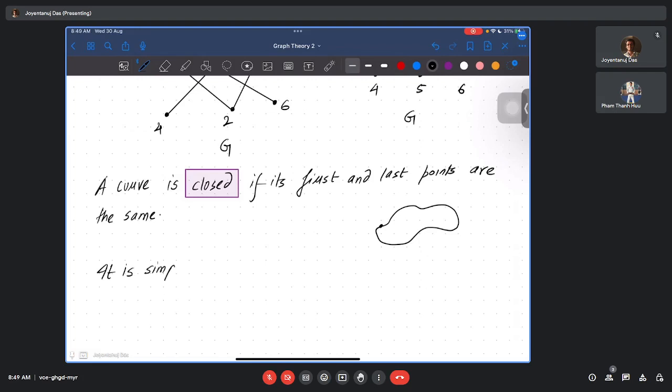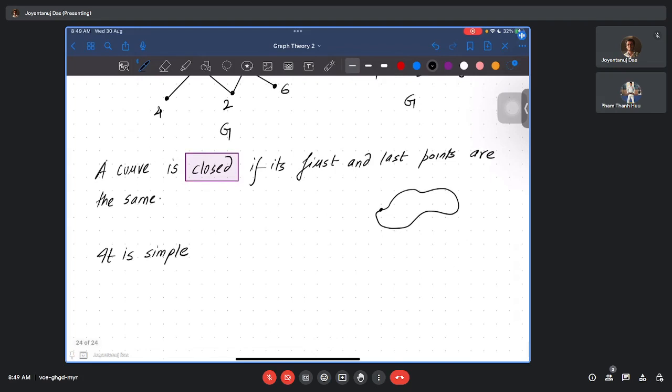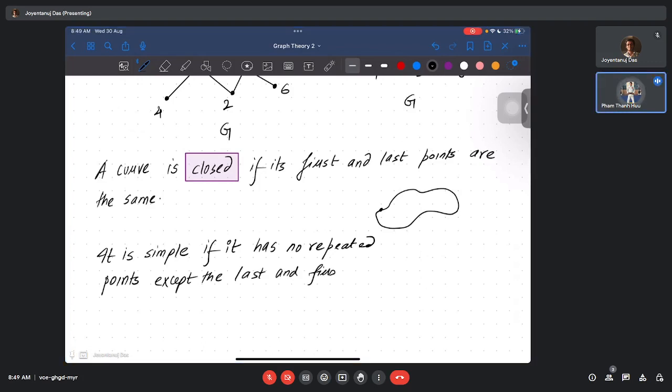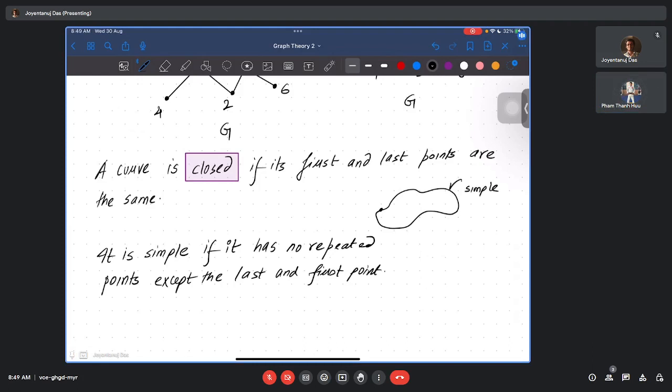A curve is simple if it has no repeated points except the first and the last point. For example, this is simple because there is no common point.